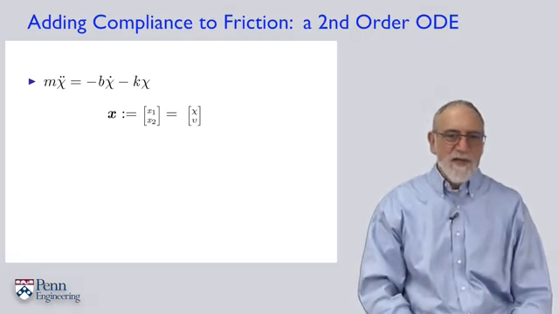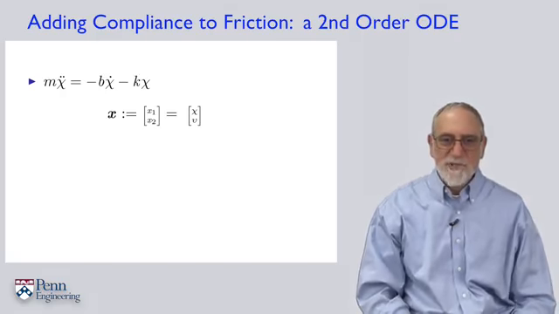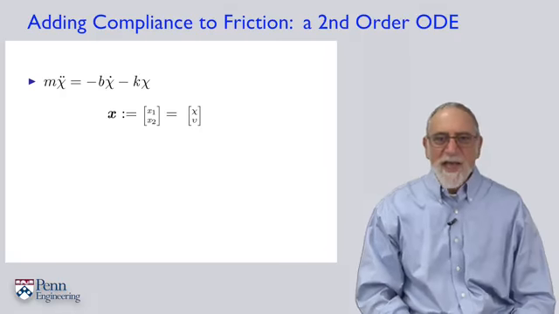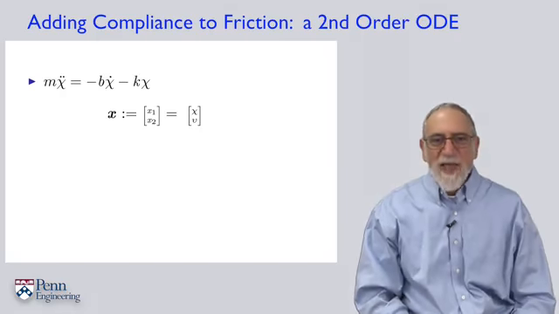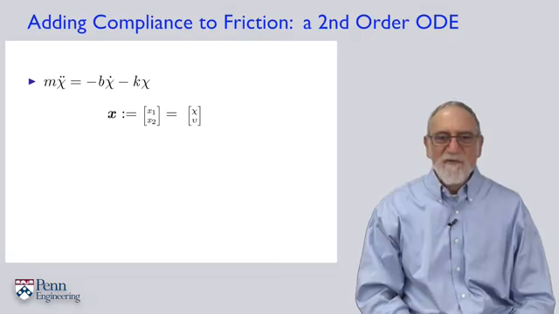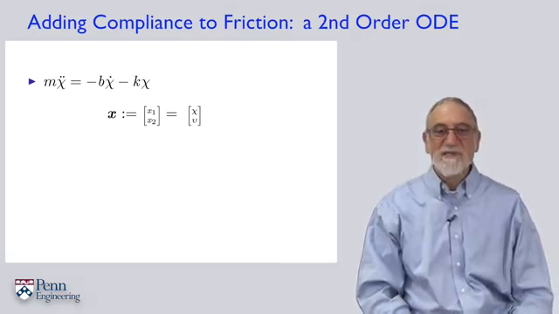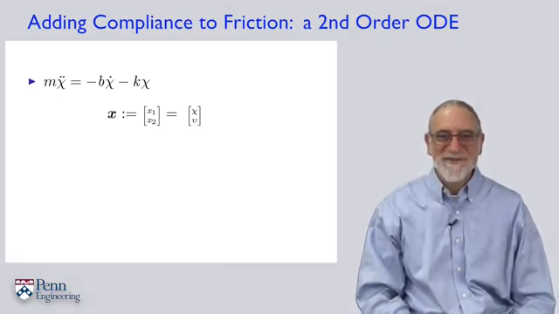I'm going to think about the 2-dimensional vector boldface x as defined to have 2 entries, x sub 1, x sub 2, and I'm defining x1 to be the position variable chi from this differential equation. I'm defining x2 to be this velocity variable, v from the differential equation.